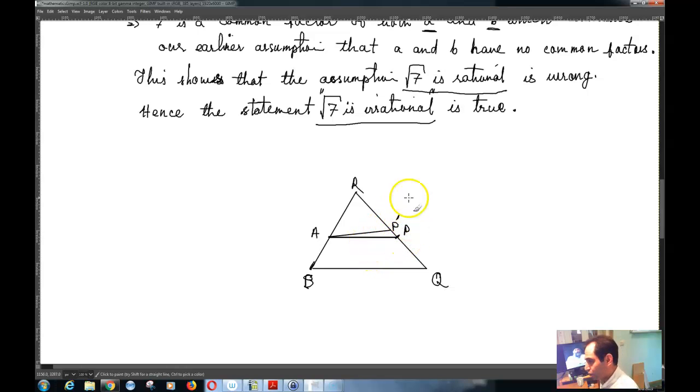Since P and P prime are two different points, you make that assumption.